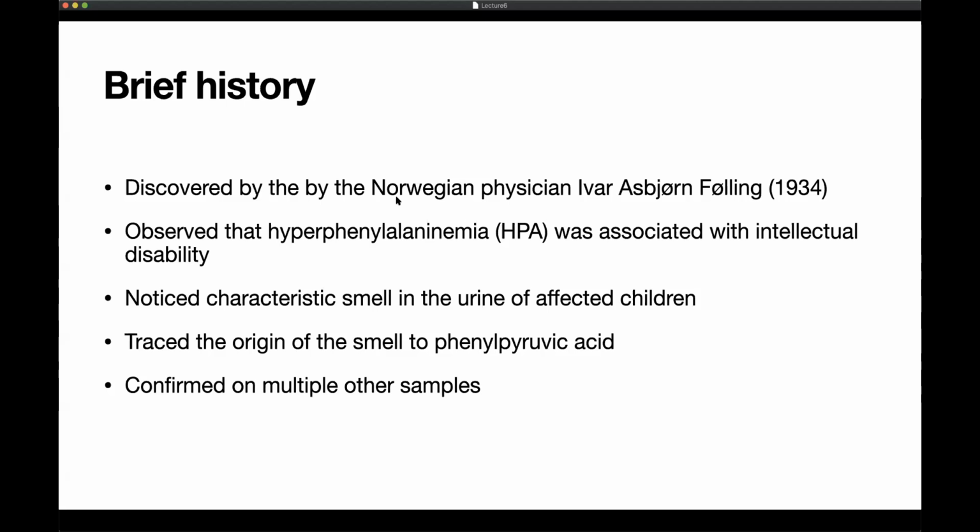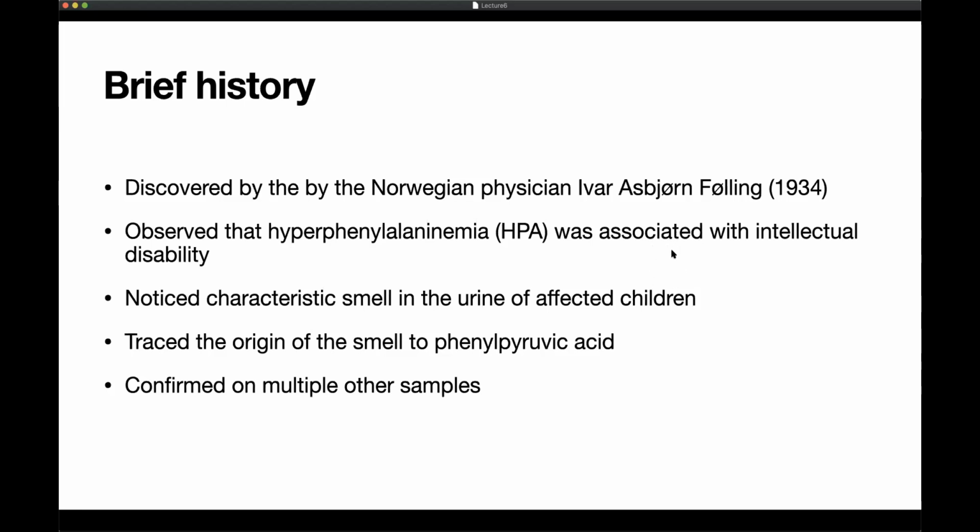First, you have to identify an easily associated condition, so you should be able to diagnose individuals that have the particular condition and analyze what's common between them. He observed that this particular condition, hyperphenylalaninemia, HPA, having too much phenylalanine, was associated with intellectual disability.